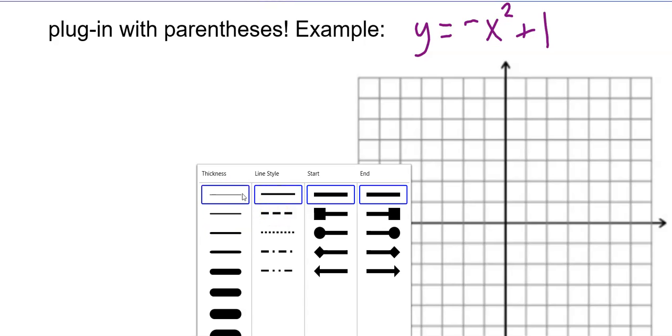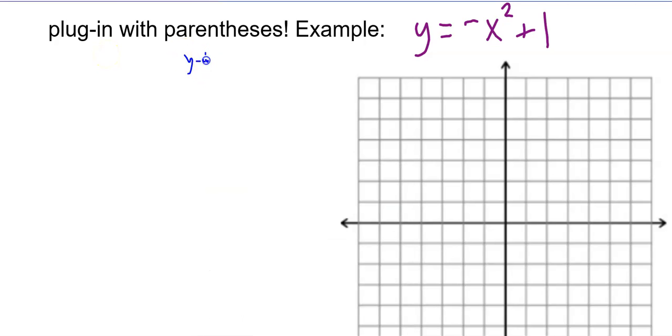You could find the y-intercept by plugging in x equals 0. That would be y equals negative 0 squared plus 1, which is 1. So (0, 1) is a point on this graph.